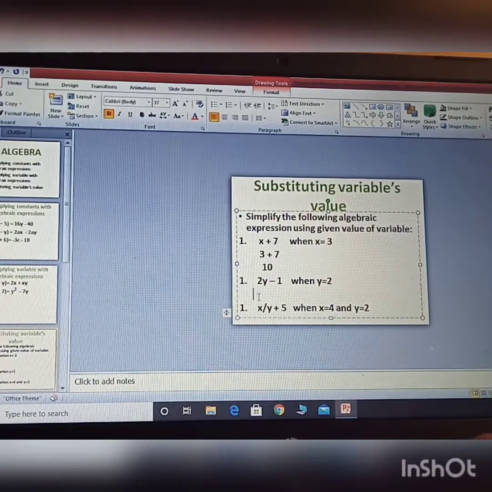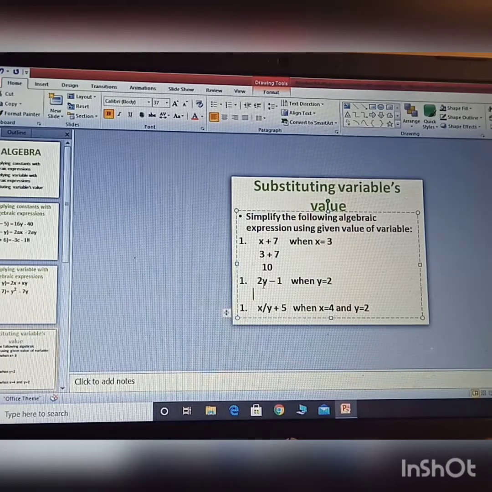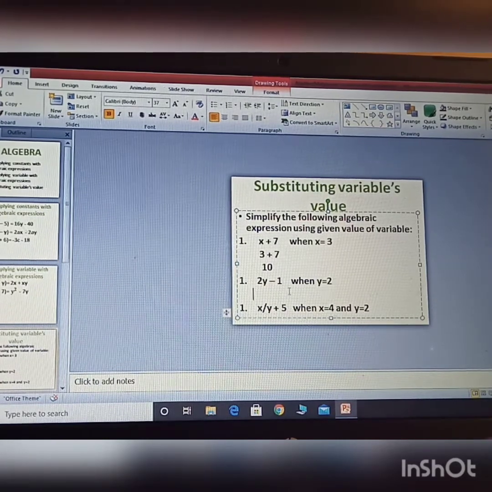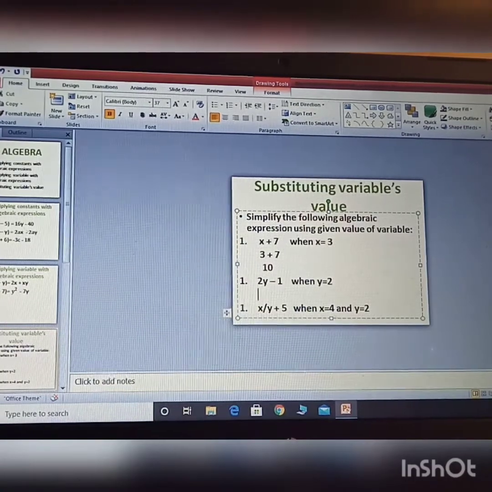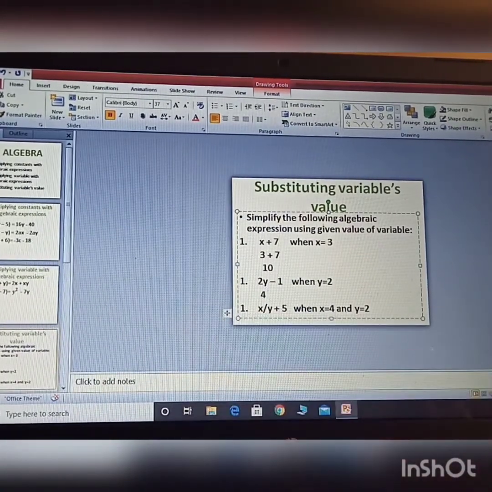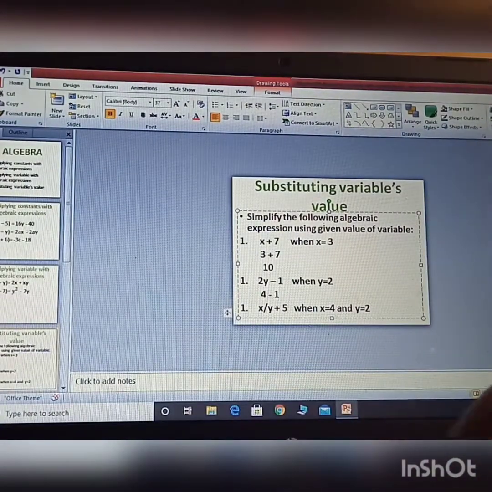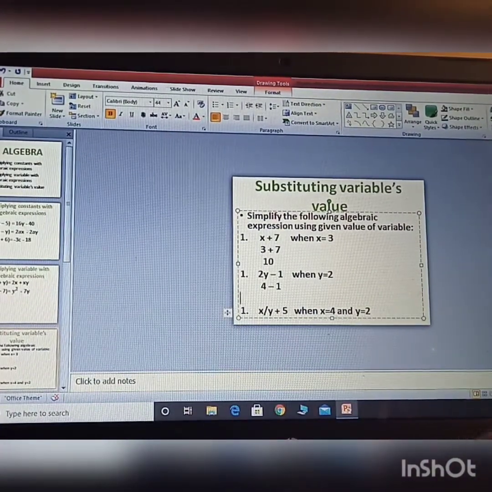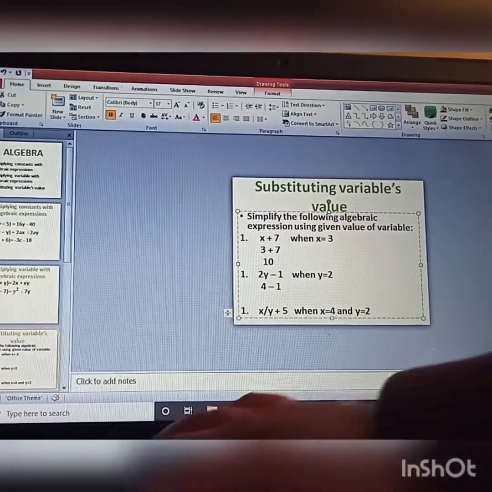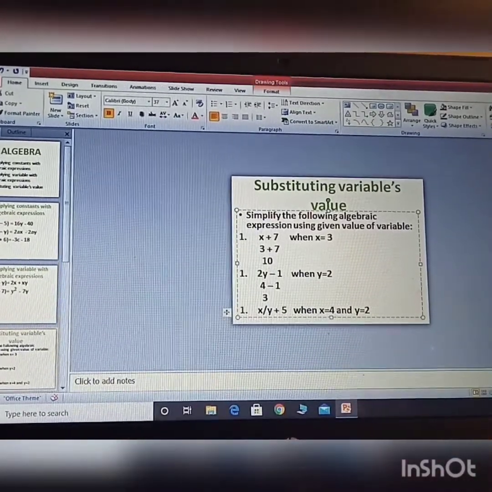So here 2y, you can see 2 and y, there is multiplication in between these two numbers. So 2 multiplied with y, and y's value is 2. 2 2's are 4. So 4, then a negative sign, and according to the expression it is 1. 4 minus 1 will give you a 3. Yes, so 3 is the answer.